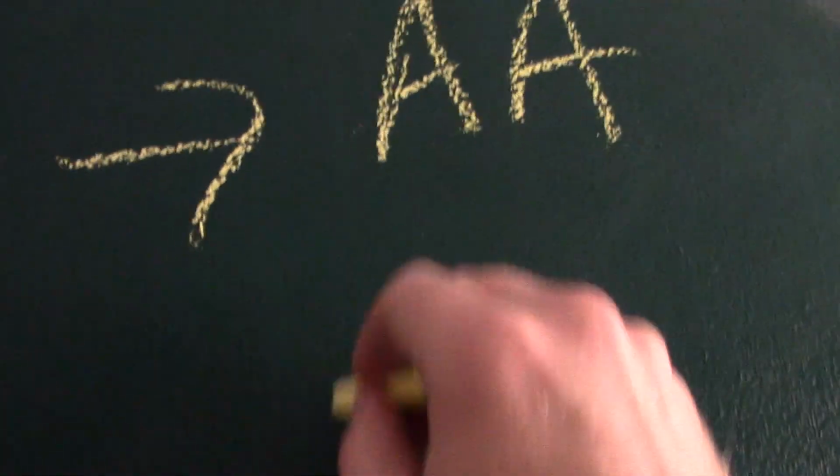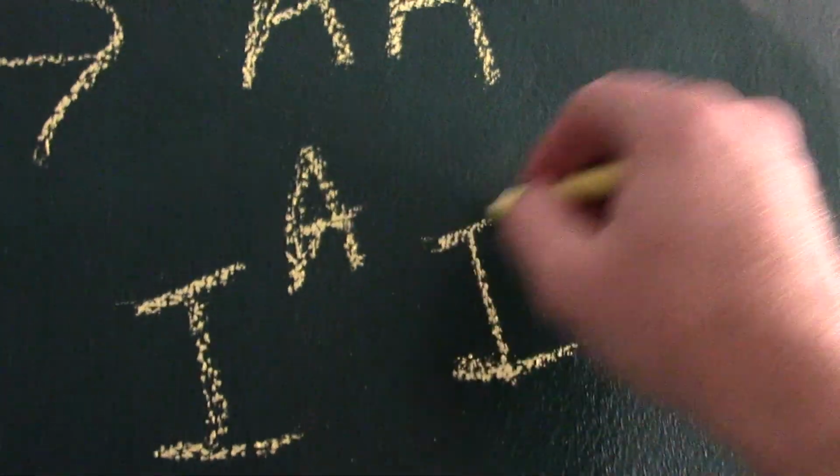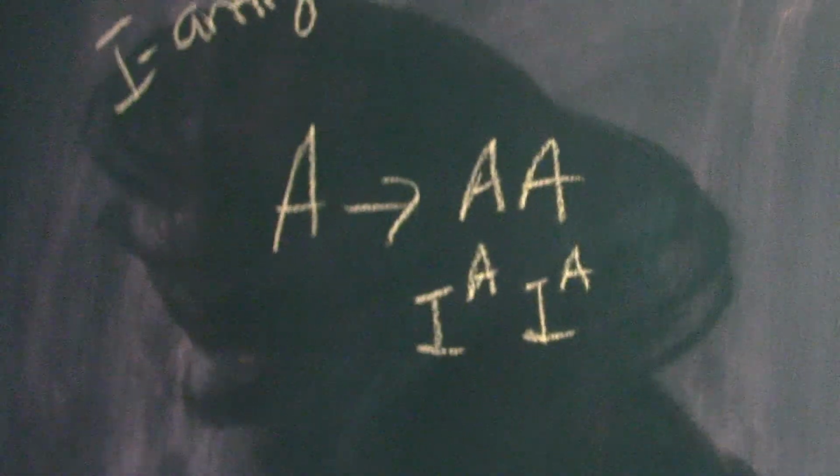You could see this as AA, but generally we use this, so I^A. So I stands for antigen. Okay, so someone who has A blood type, this is typically how we look at it. This would be homodominant for A.